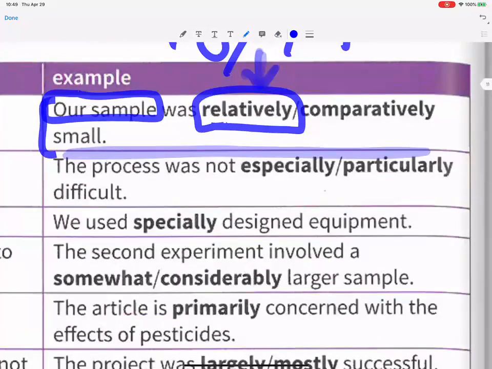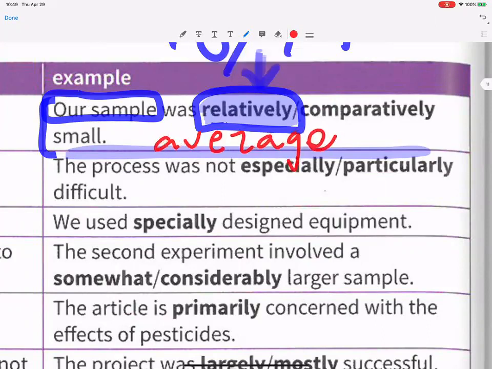What am I comparing it to? The size. Of what though? The size of the sample. But compared to what? The average. Maybe we're comparing to other samples in general, the average.